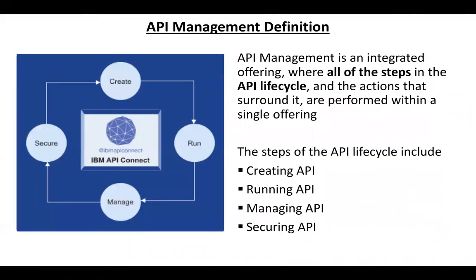So we finally concluded on this slide, which says the definition of API management means that you have to have at least four core functionalities supported: creation of the API, running of the API, management of the API, and securing the API.